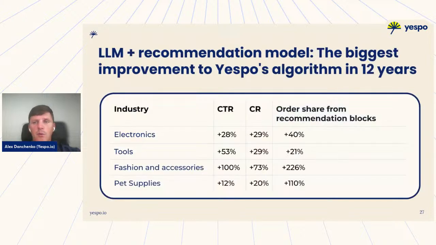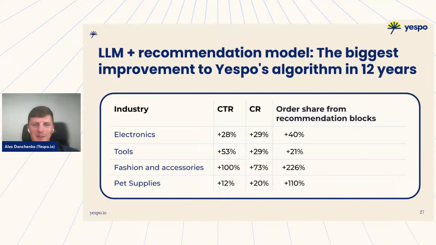And if you want to see the whole picture, so how it influences different industries, we have this covered. So with this new recommendation model based on large language models, as our product team says, this is the biggest improvement in Yespo recommendational algorithms in all 12 years of Yespo existence.